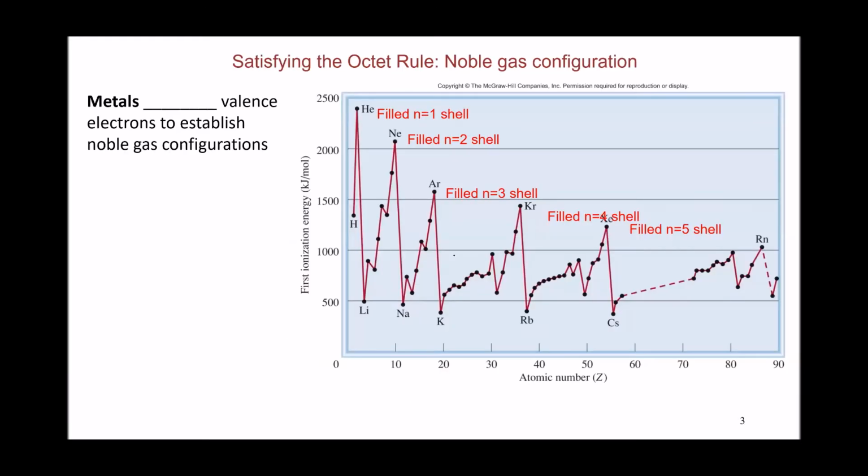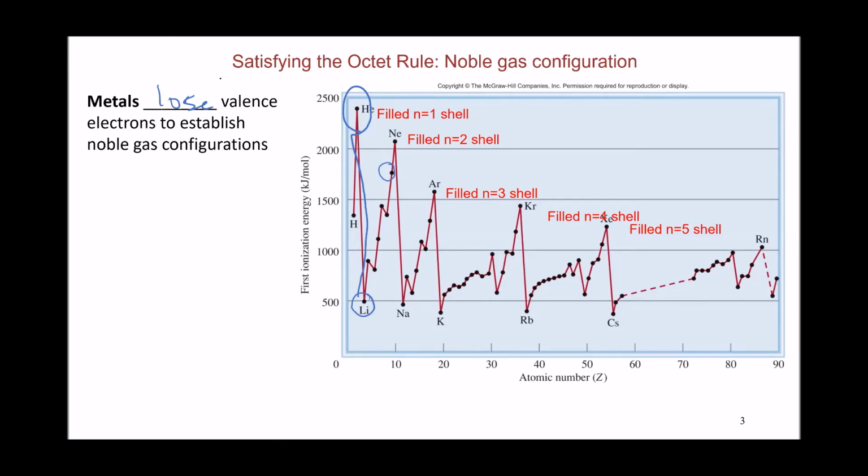And the first type of interaction is just simply either losing electrons or gaining electrons. It is going to be much easier for the metal to lose whatever number of electrons it has to gain the stability of the previous noble gas. Okay? So it prefers losing valence electrons to establish the stable noble gas electronic configuration.